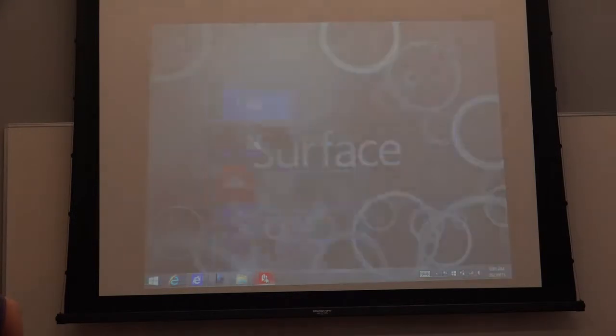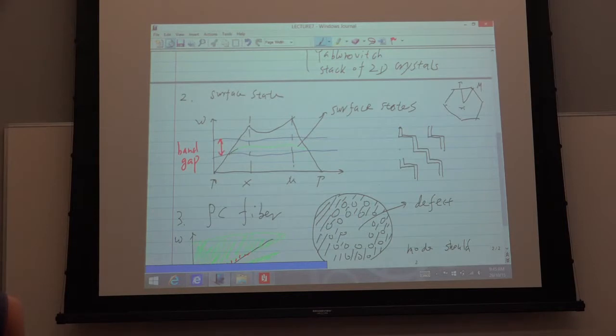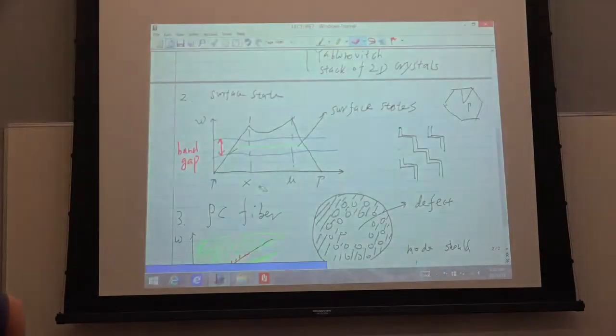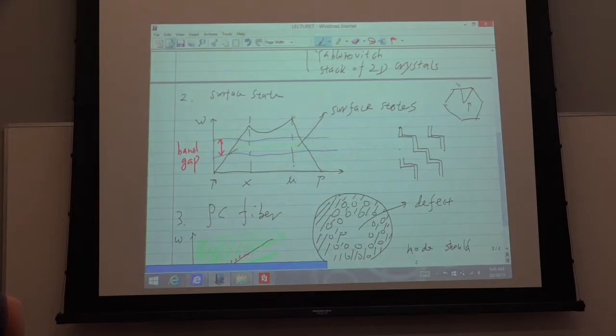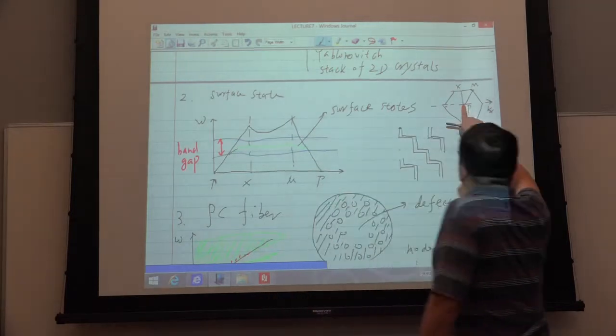Okay, gamma M K. So it's gamma M. We call this gamma. This is X. This is M. Okay. So along this is X. So you can see here, this is the origin point, gamma.